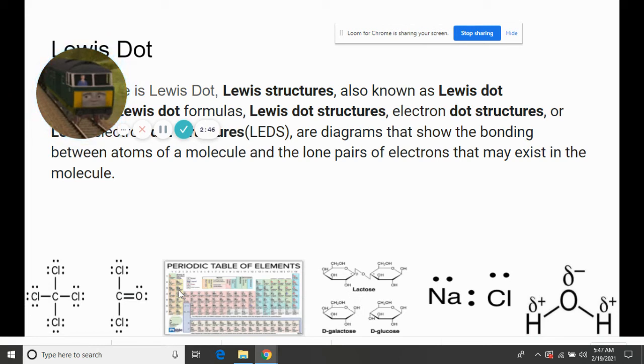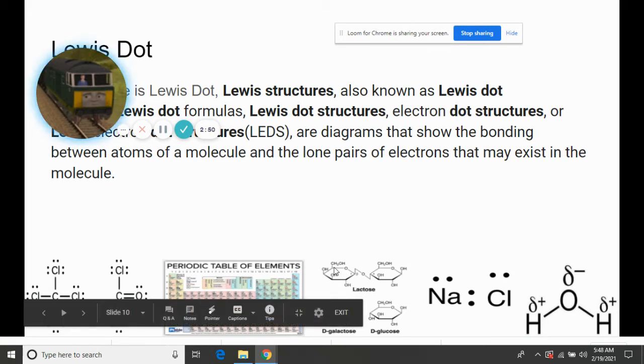So when I show you my old papers, OH2. You guys know what it stands for, which is lactose, D-galactose, and D-glucose. I'll show you the rest after I take care of some stuff.